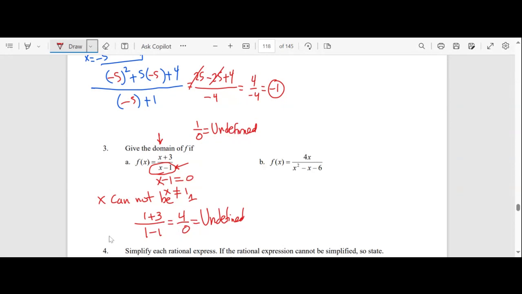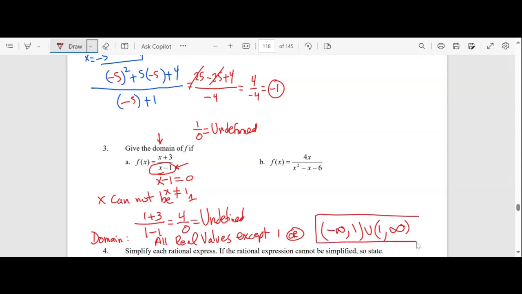So what is the domain for the first problem? The domain is all real values except 1. Or you can write it in another way: from negative infinity to 1, union 1 to infinity.